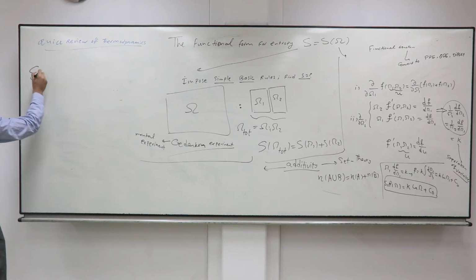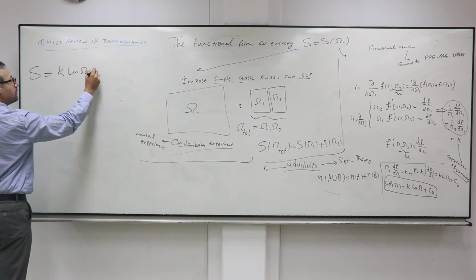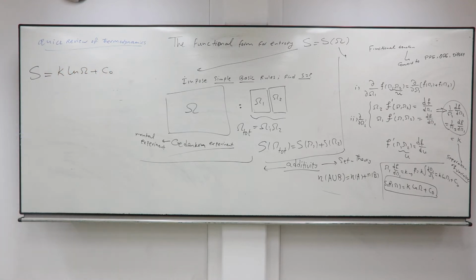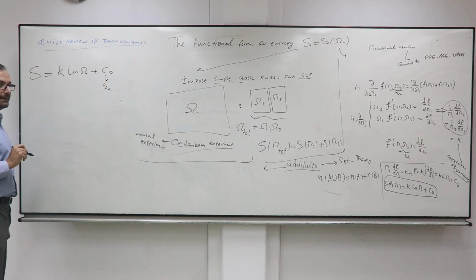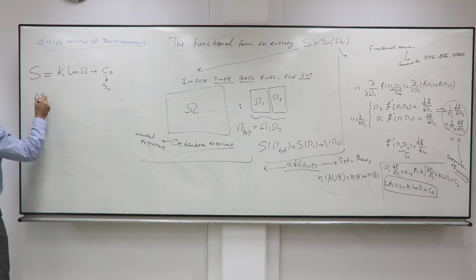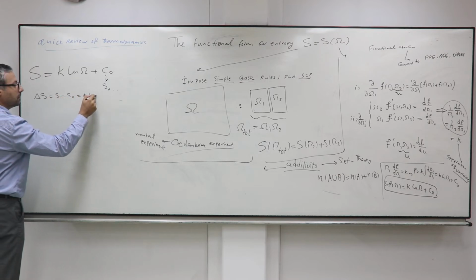So we obtained a very interesting equation: k ln omega. This equation can be understood as the delta S also. You can relate that to the entropy S0, and you can say that delta S is S minus S0, k ln omega.